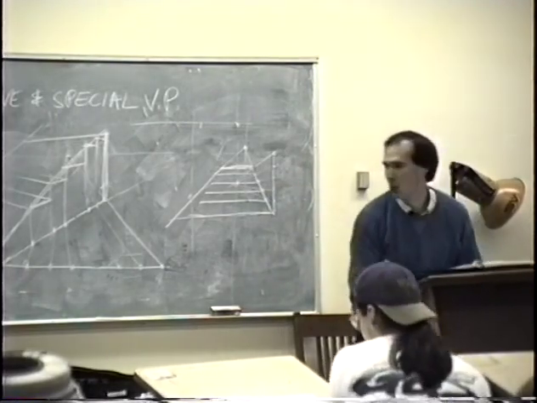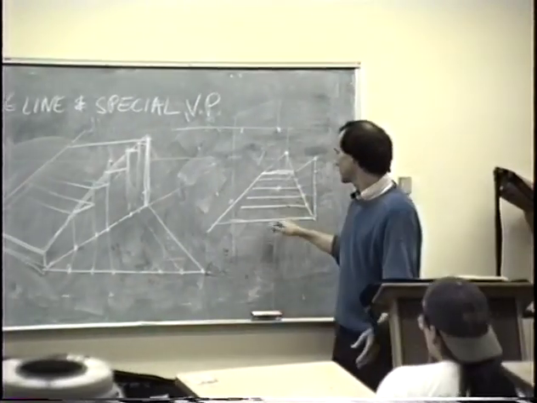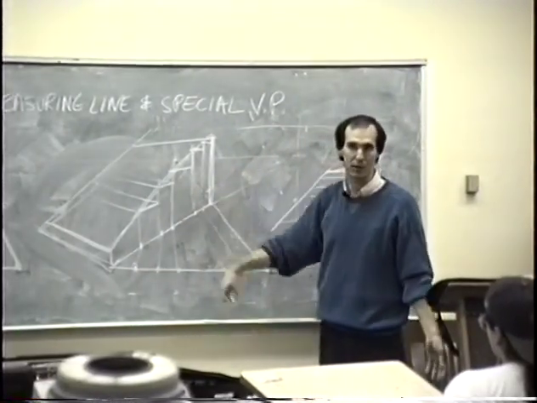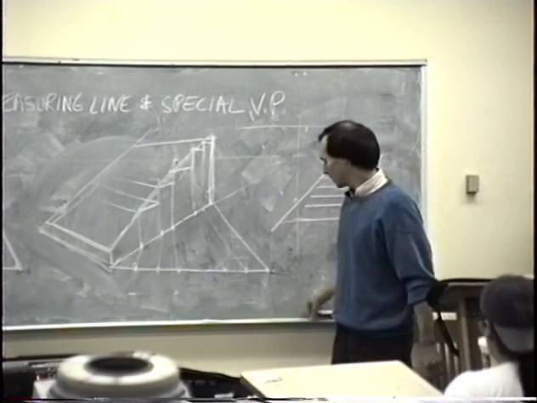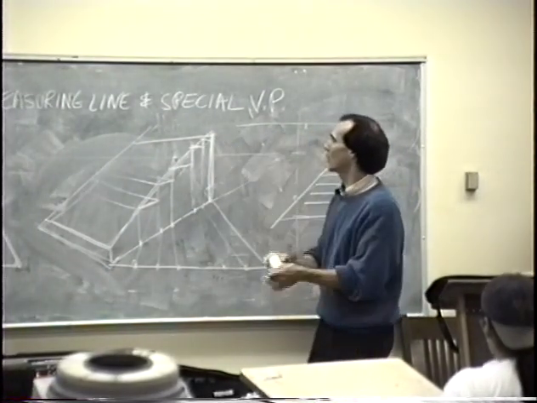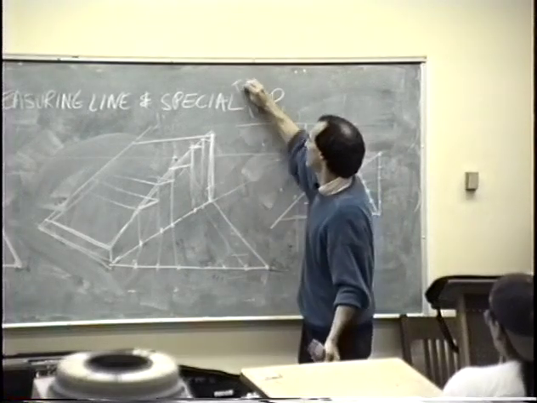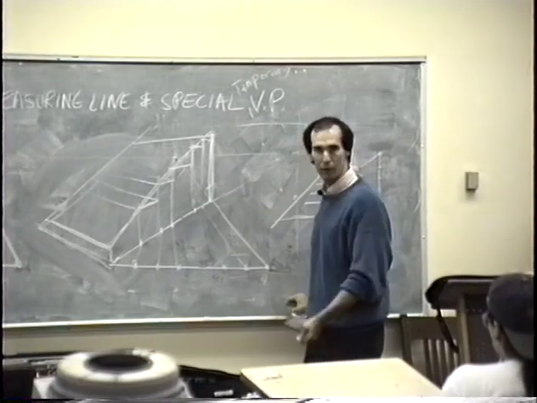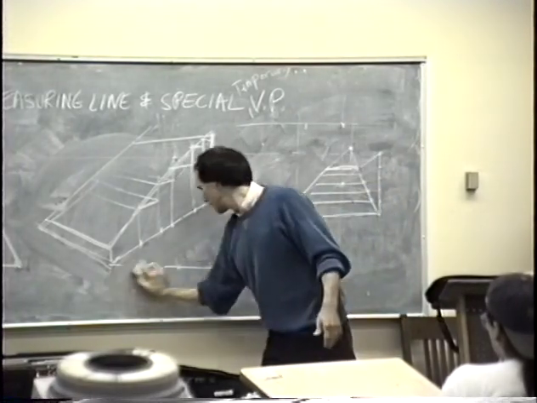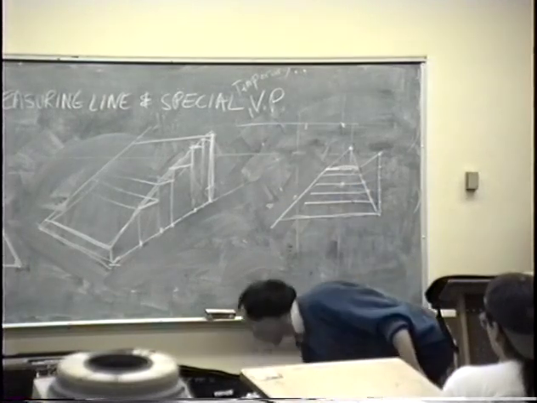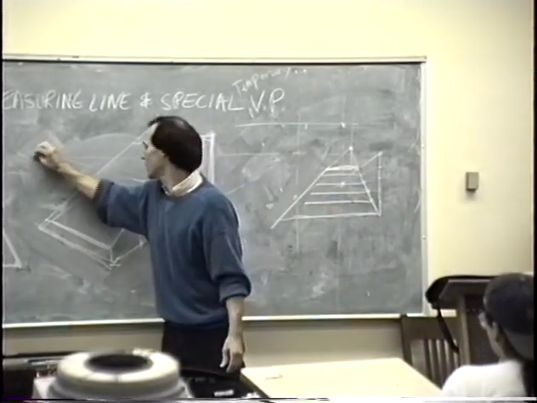Now, there's another way you can transfer these lines. Instead of tilting the whole board, there's another way you can do the measurements on a wall, and then do what? Remember, it was a measuring line and a special, temporary vanishing point. It's only a vanishing point for these measuring lines. Then you can get rid of that measuring line and that vanishing point and go to the real vanishing point of this stairway.